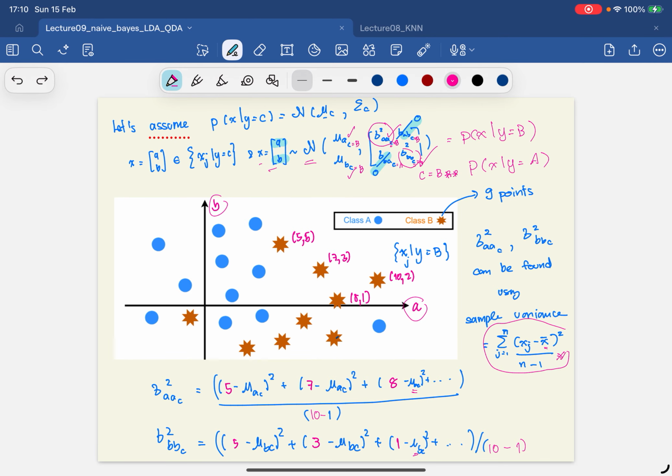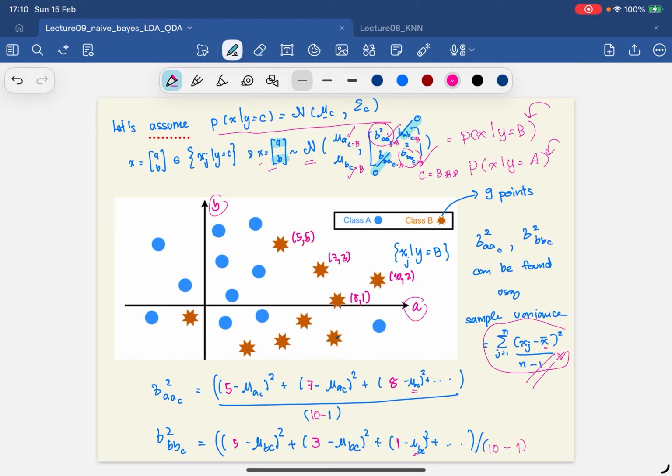Now, when we have this entire thing, we can use whatever parameters we computed from sample means and sample variance, plug those into the probability formulation, and then we get this likelihood function.